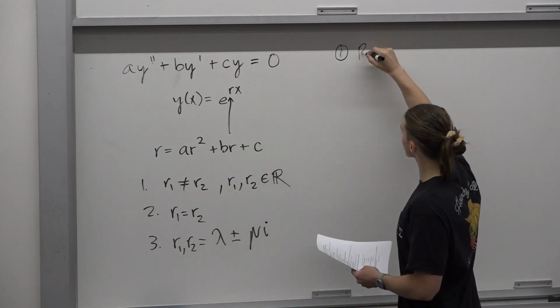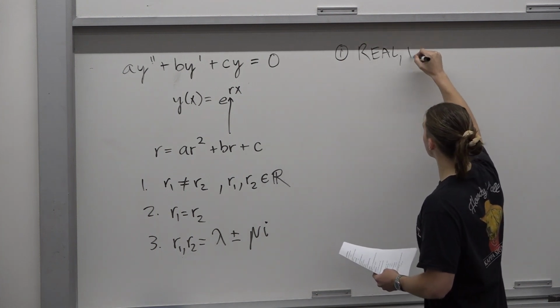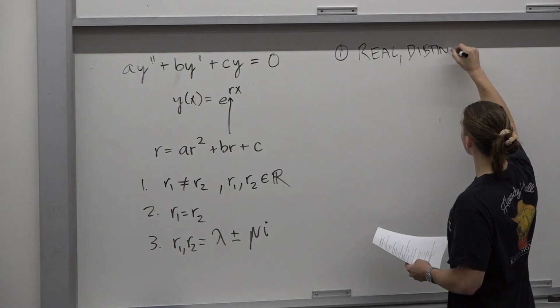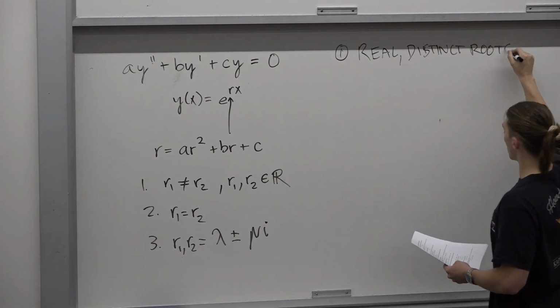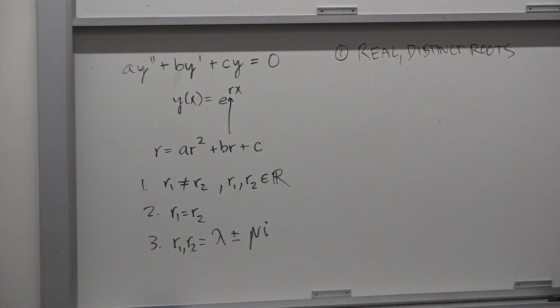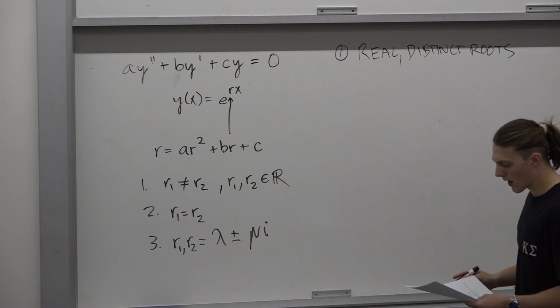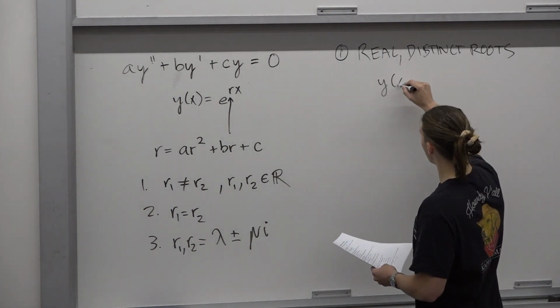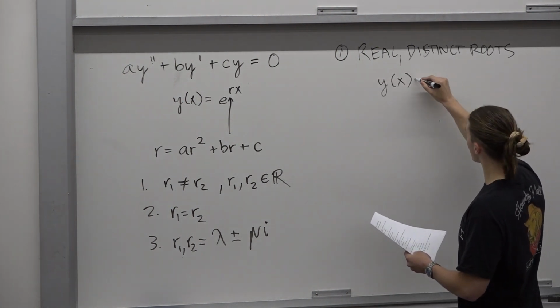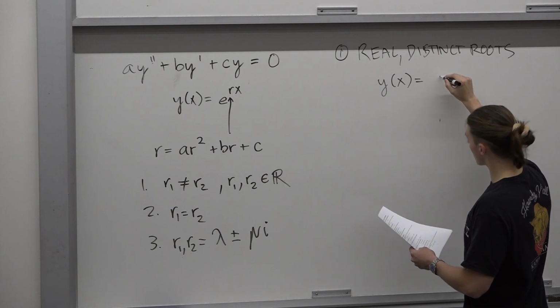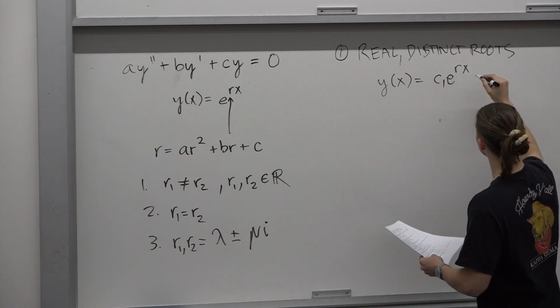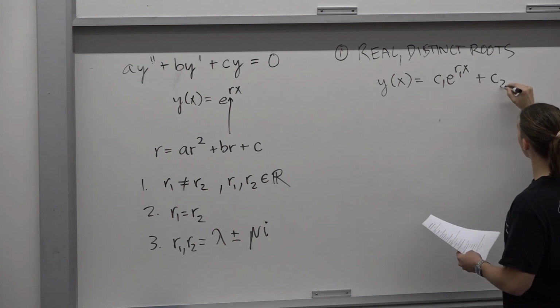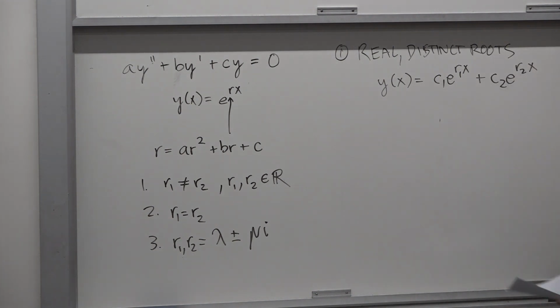So let's get into this first one right here. Real distinct roots. When we have two real distinct roots, we know that the solution is going to take this form, where r1 and r2 are what we just solved for in that characteristic polynomial, right?